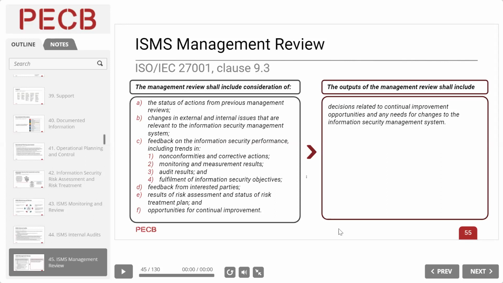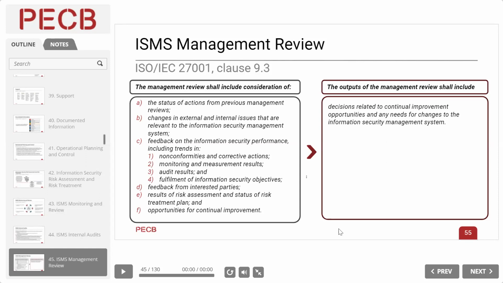B, changes in external and internal issues that are relevant to the information security management system. I mentioned in the context that there are internal and external issues that we need to consider. The changes, are we capturing the changes?